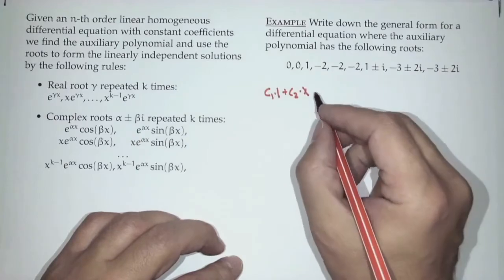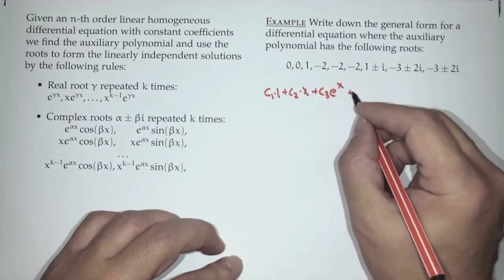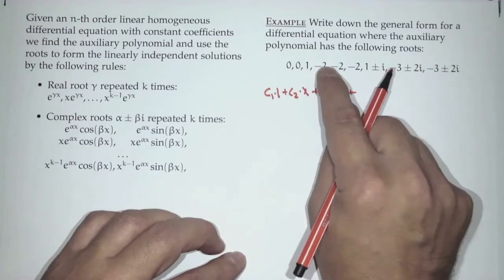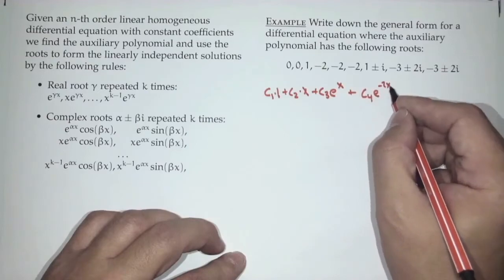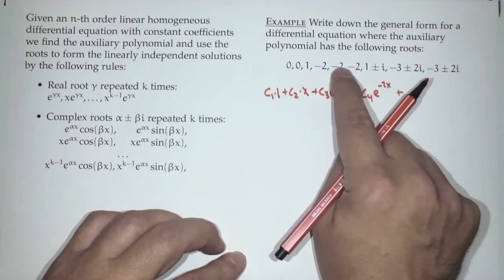Our next root. It'll be our next constant, c3, e to the x. What's our next one going to be? So the next root is negative 2. C4 e to negative 2x. Okay, our next one, which is negative 2 again.